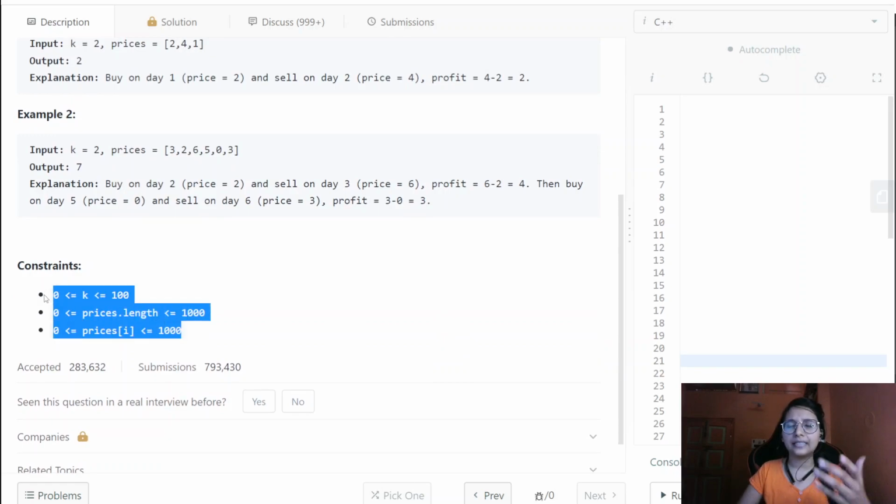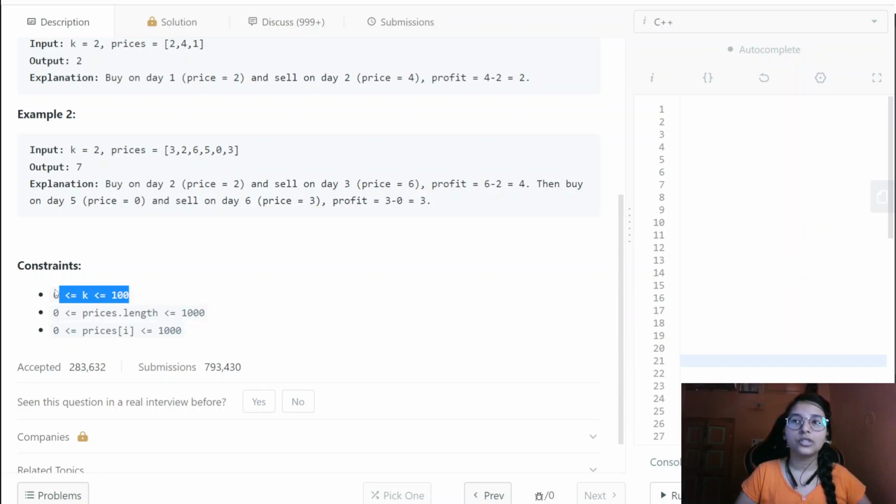The constraints are pretty low, which is why this question can be done by DP. Whatever states we have won't give us TLE. Here you can see that at most 100 transactions could be there, and there could even be a case where we are not doing any transaction.